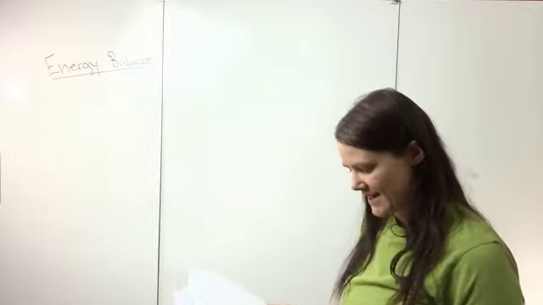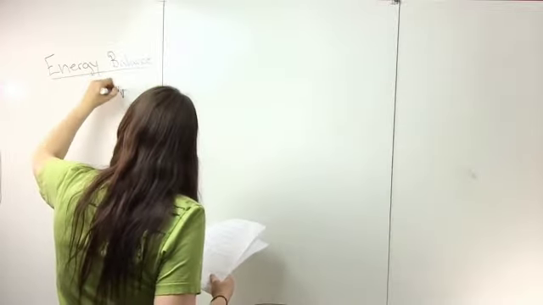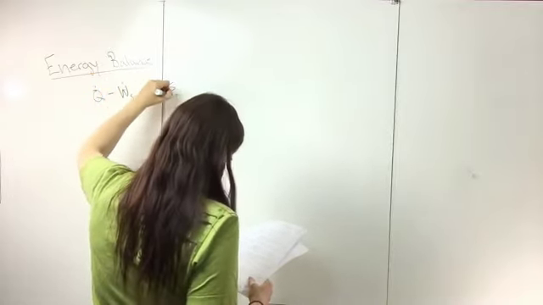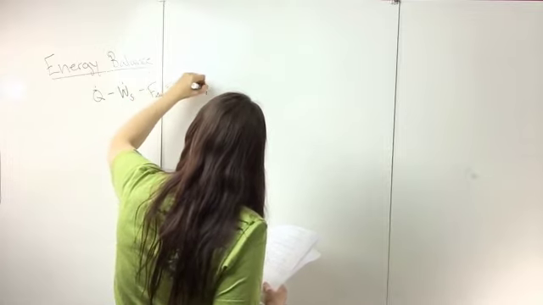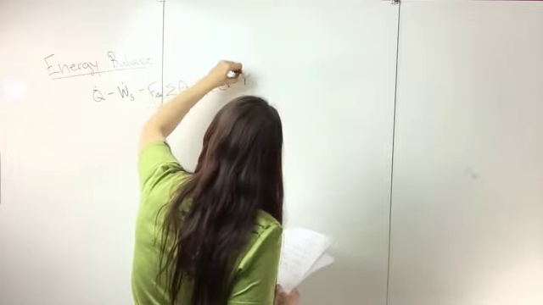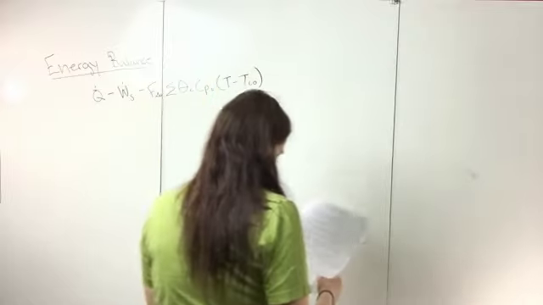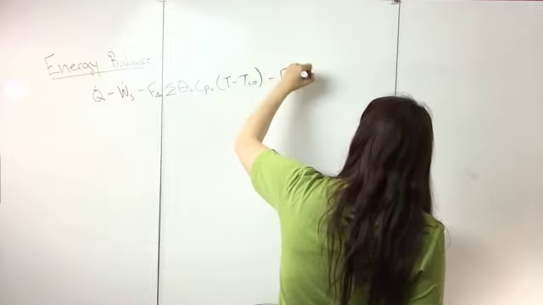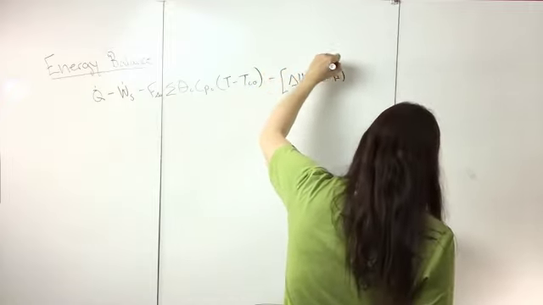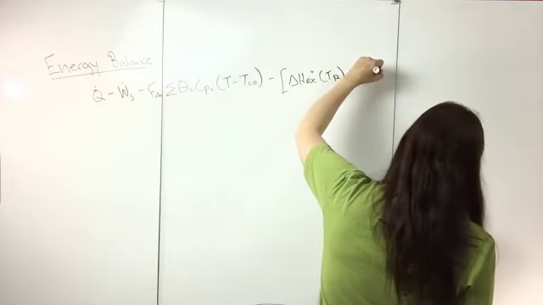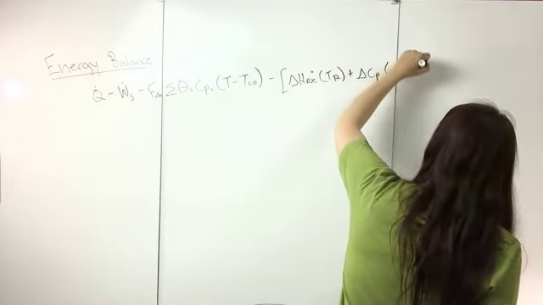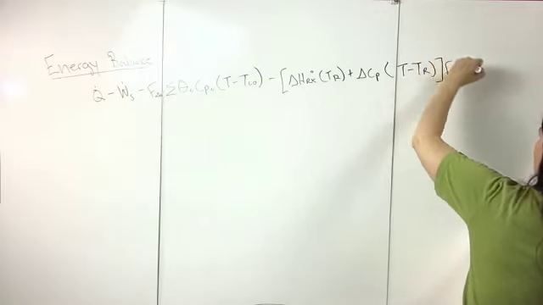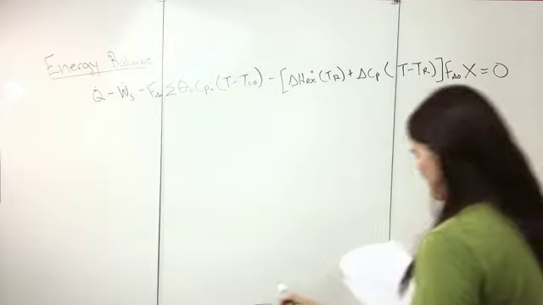So the steady state energy balance: Q minus shaft work minus FA naught sum theta i Cpi (T minus Ti naught) minus the heat of reaction at some reference temperature plus delta Cp (T minus T reference), this is multiplied by FA naught X, is equal to 0.